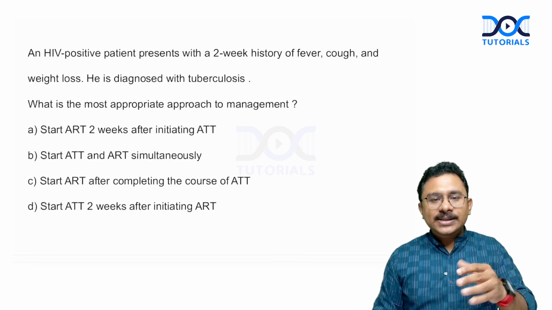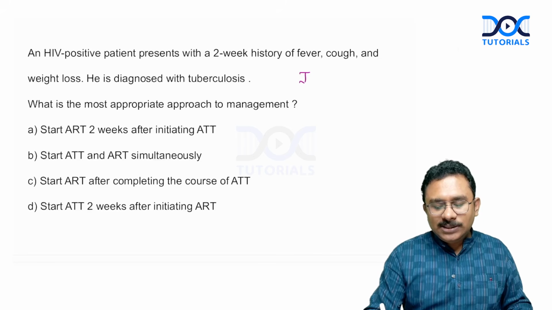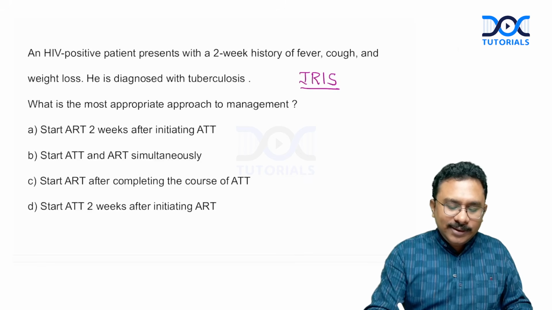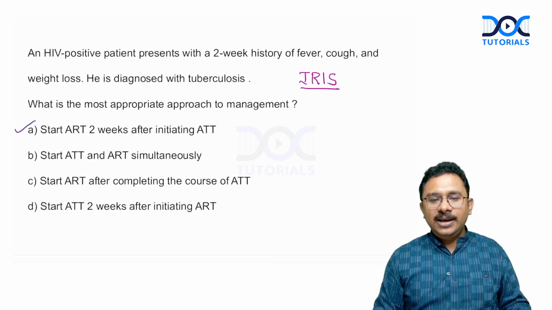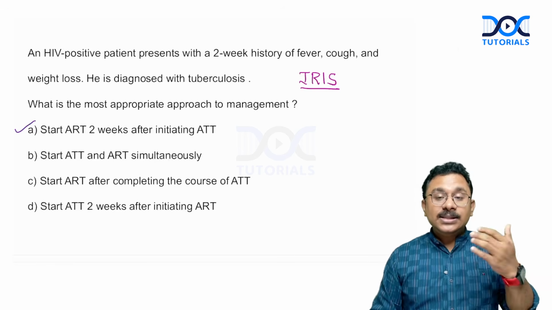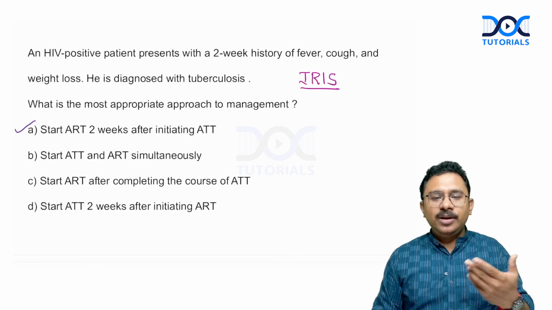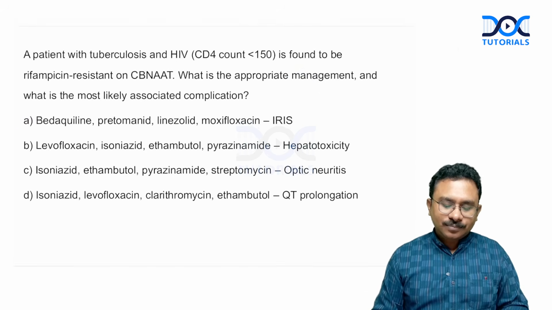The reason is that it can cause a complication known as IRIS, which is immune reconstitution inflammatory syndrome. So what you have to do in this case is start ART 2 weeks after initiating ATT, because if you simultaneously start ATT and ART, there is a chance of triggering IRIS. So answer is option A.